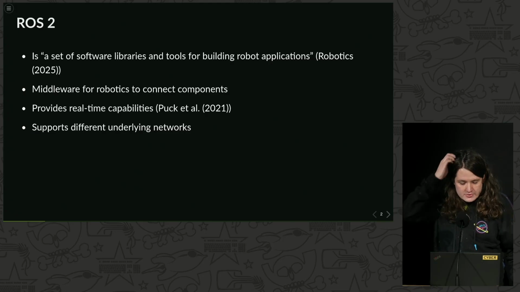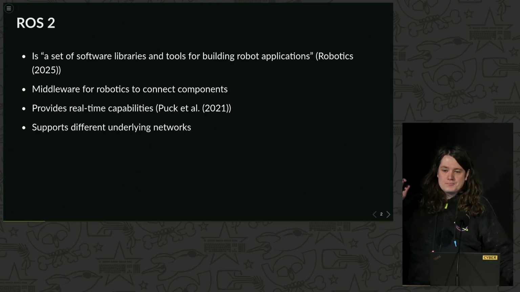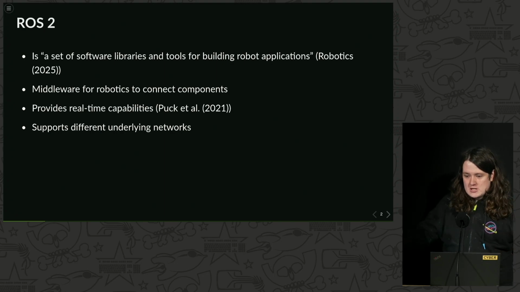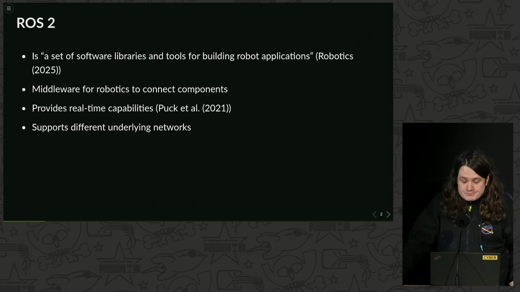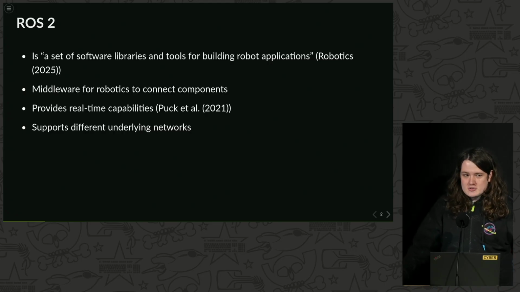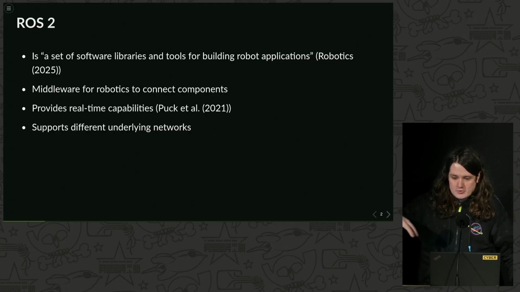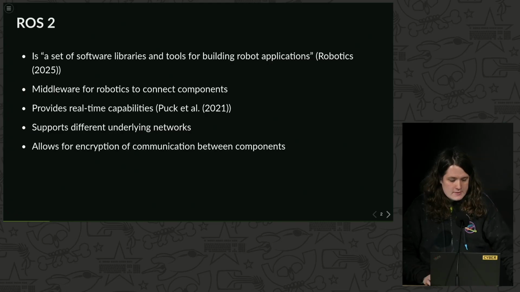It supports different underlying networks, so there are different middlewares. I will not go over them because that would take too much time. But basically everything from a very stable network setup, maybe even with cables, to a spotty Wi-Fi connection where you need to make sure that it's not using too much data, is possible through different underlying network middlewares.